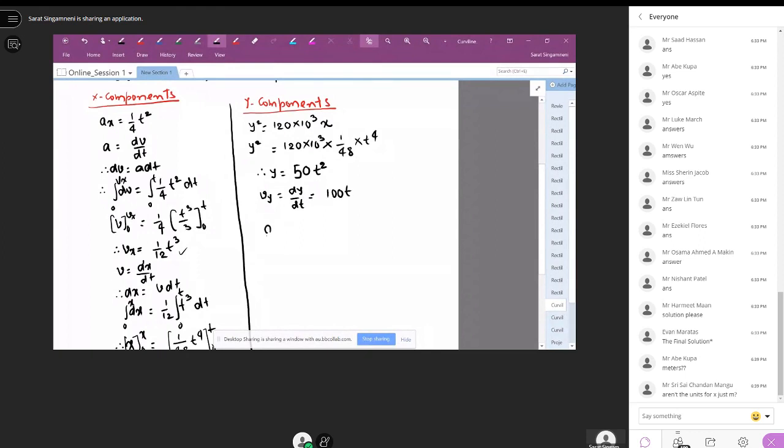And Ay is d over dt of the velocity in the y direction. It will become constant at 100.